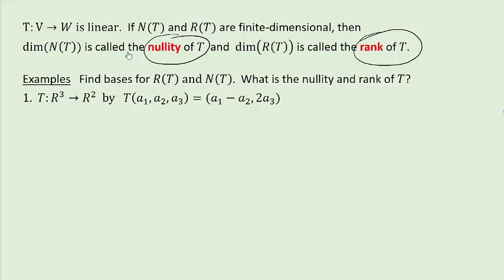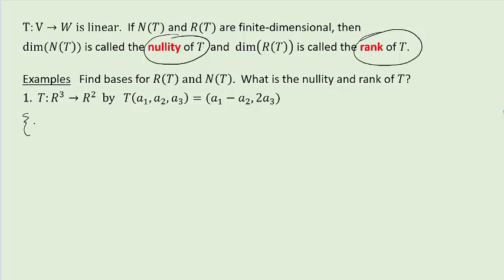So our first example, T is the linear transformation mapping R3 to R2 by T of an ordered triple a1, a2, a3 is equal to an ordered pair, a1 minus a2, 2a3. So we'll find the range of T first. Let's just take the standard basis for R3.